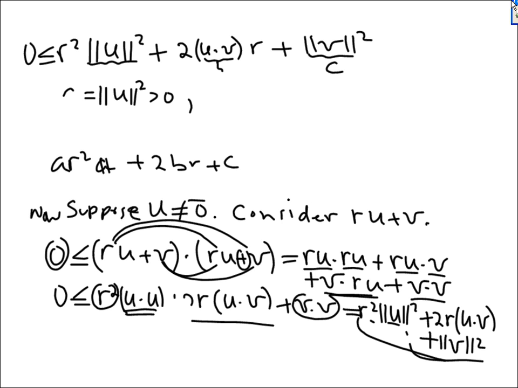I just want to change the way I call these: big A, big B, and big C. So big A is the length of u squared, which is greater than 0.